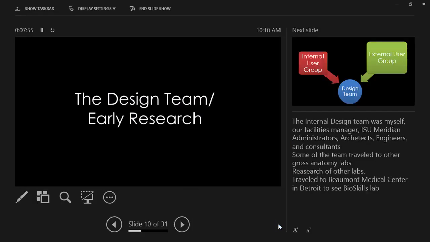So as we started the design process about 3 years ago now, we needed to put together a team. We needed to start doing some initial research. So we put together our internal design team. And at ISU Meridian, we were lucky enough to have a facilities manager who has experience in hospital systems and working in ORs.